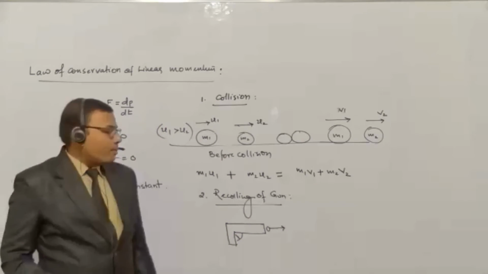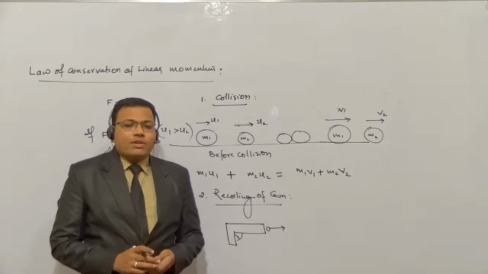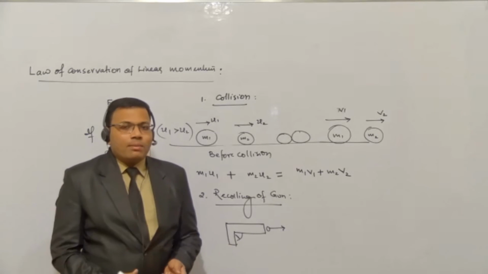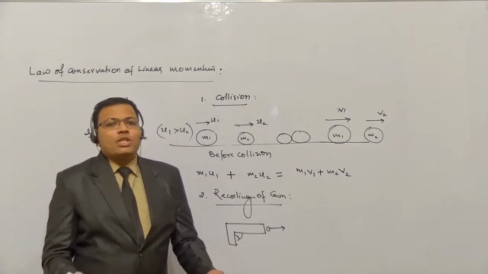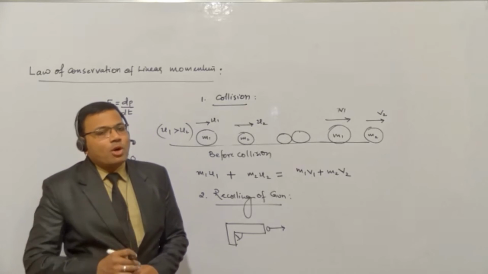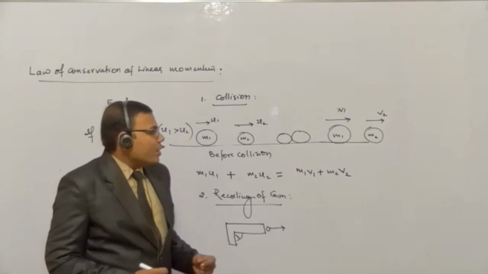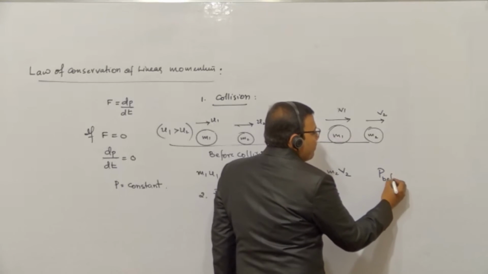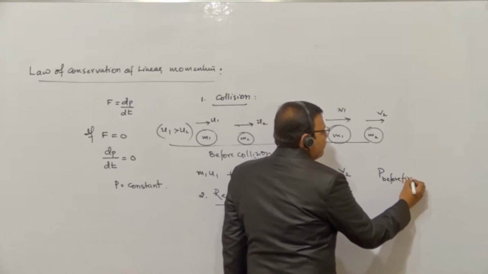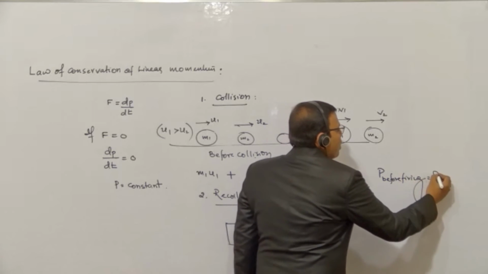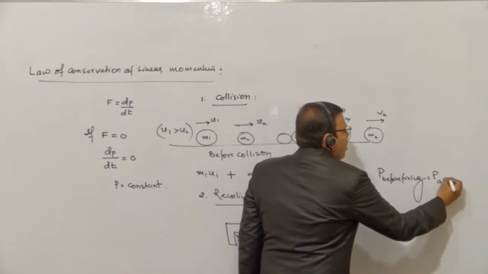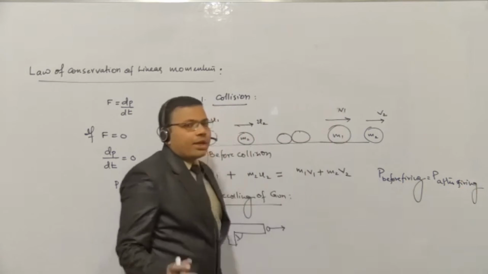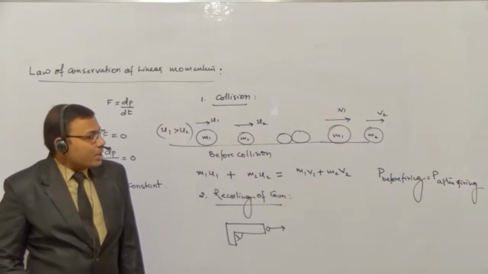Now, as per the law of conservation of linear momentum, I have to consider that the total momentum before firing must be equal to the total momentum after firing, what we have studied. So here I will write the same thing: momentum before firing must be equal to momentum after firing. Before firing and after firing, the total momentum must be constant.